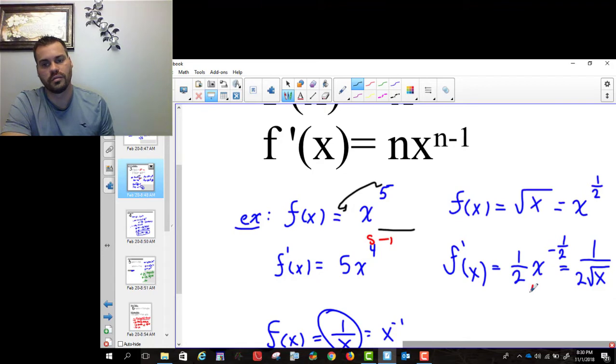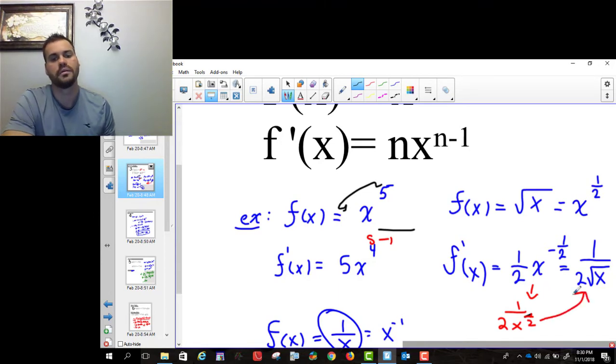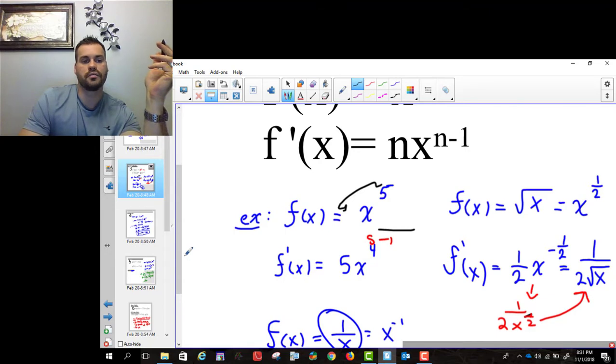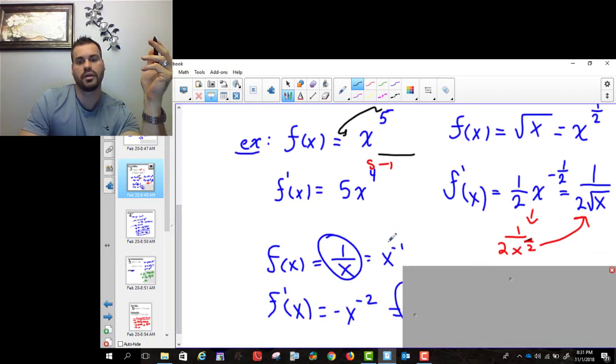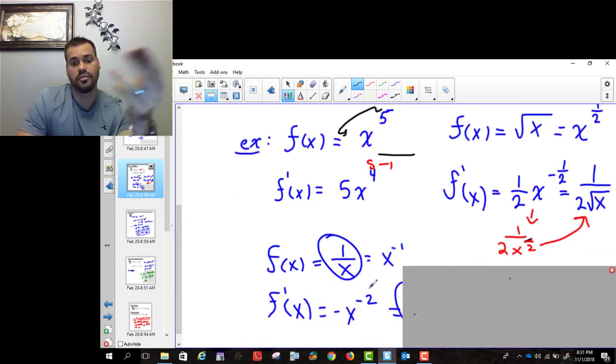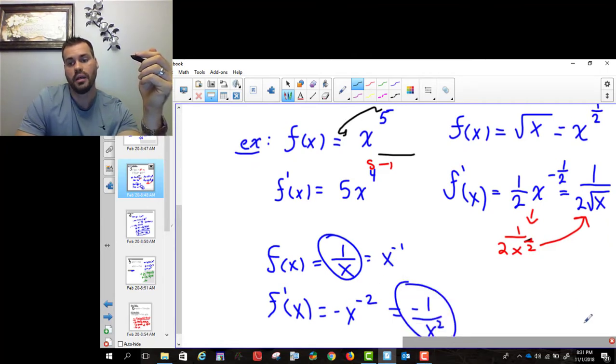Okay, and if you reduce that, it becomes 1/2 x to the 1/2, and then it's 1/2 root x. Another example is the inverse, so 1/x. You can write that as x to the minus 1. You do your power rule, you get minus x to the minus 2, and then you can write it as minus 1/x squared. So that's the power rule.